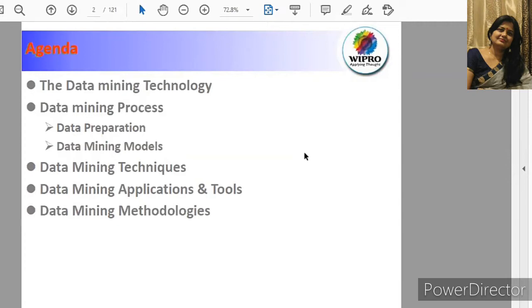Now you can take it as homework: what is the difference between a process, a method, a methodology, a technique, a model, a prototype, an architectural diagram, what is an application, what is a tool? Since this is a recording, you can go back to the recording and write down all these definitions.